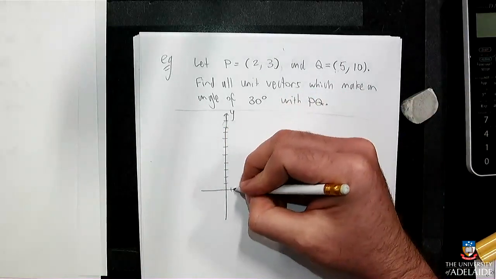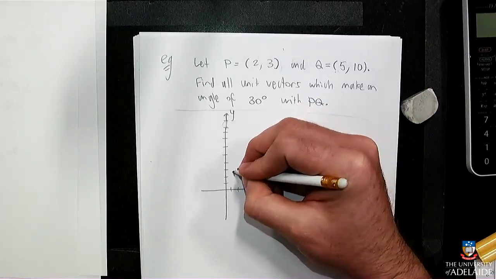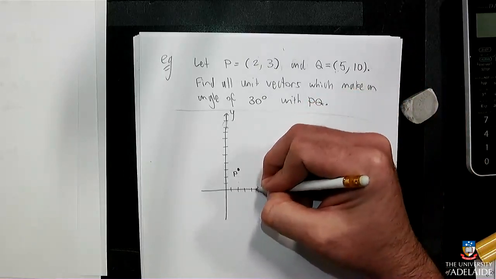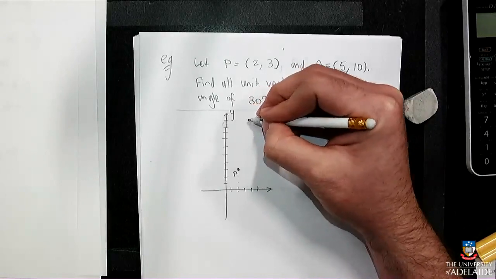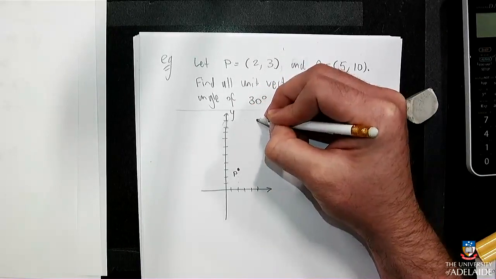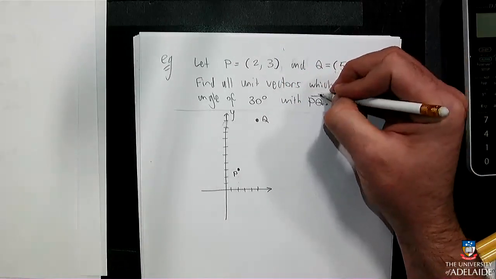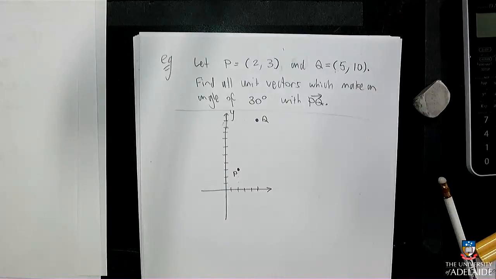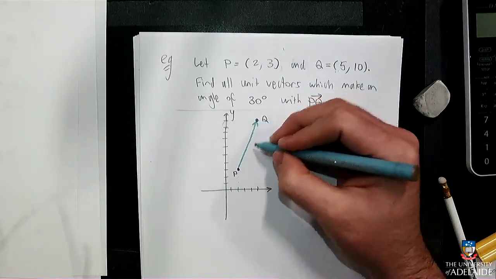So 2, 3, that's P. And Q is 5, 10, and that's the 10 there. There's Q. Vector PQ. I'm just going to put it in a different colour so it's easier for me to see where it is. So there's PQ.